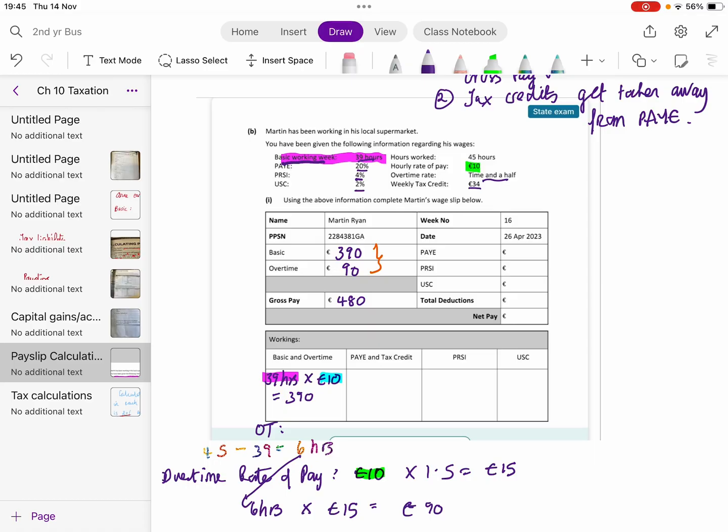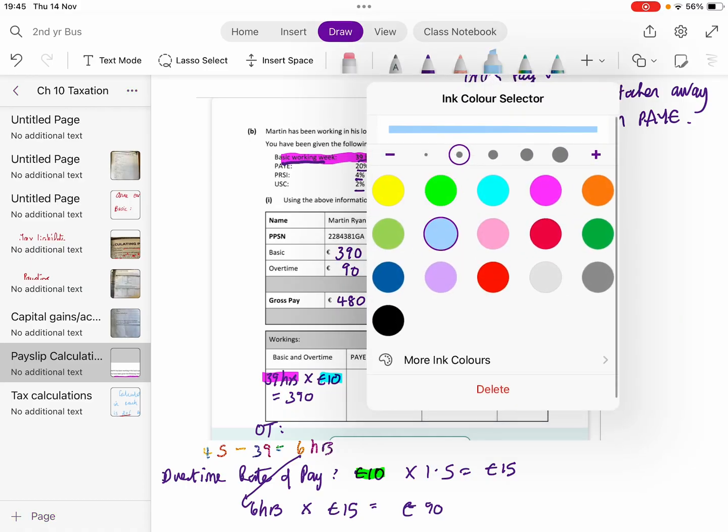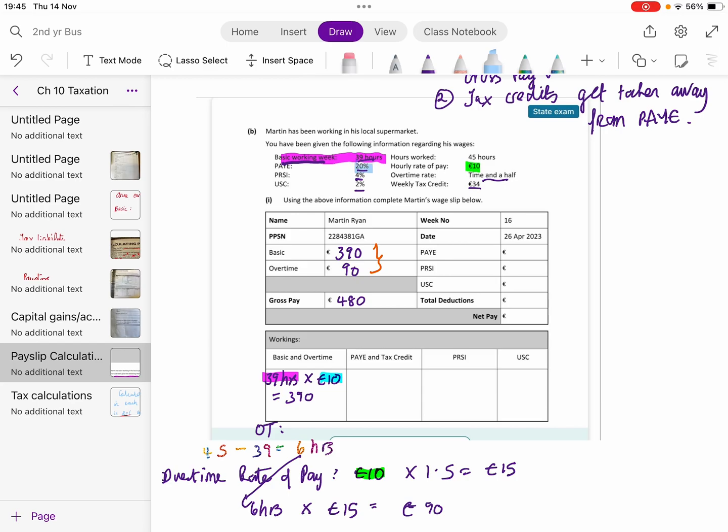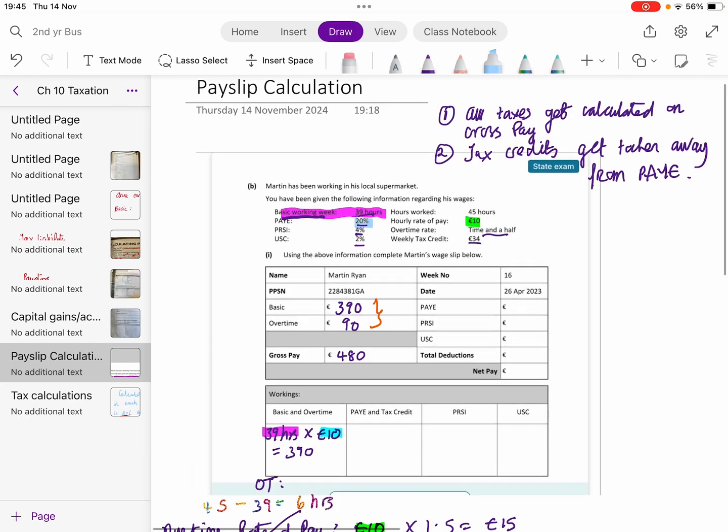Okay, so now I need to calculate my PAYE, pay as you earn. I was told in my question that my rate is 20%. So that's my rate up here. And I also have my little thing up here. All taxes get calculated on gross pay.